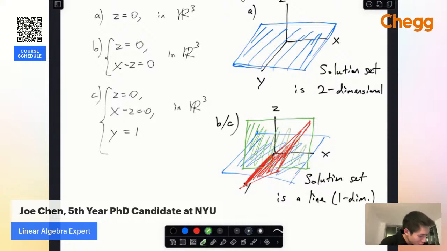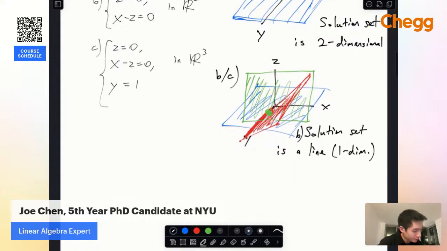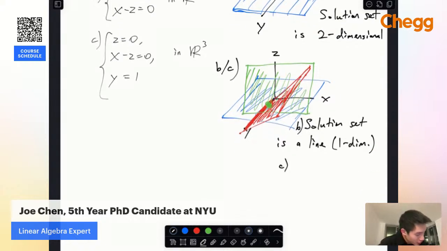And so the intersection will just be a single point right here. So this was for part B. And then for part C, we have solution set is a point. And you can think of this as a zero-dimensional object.